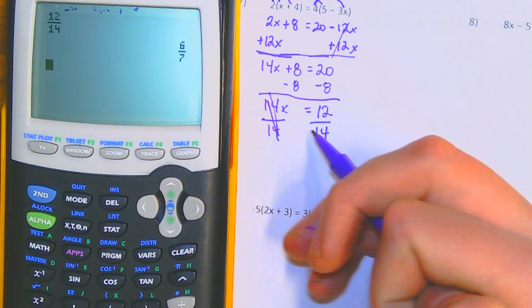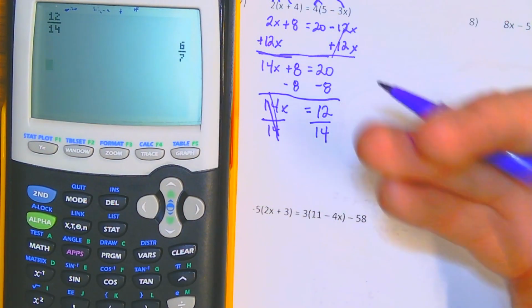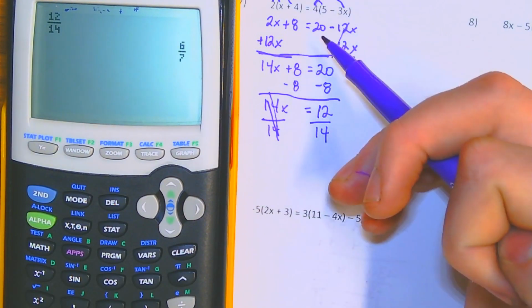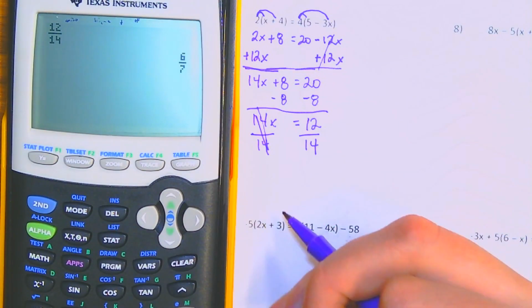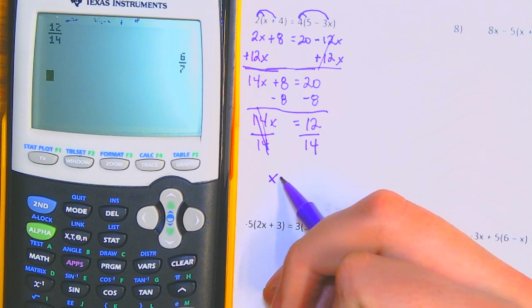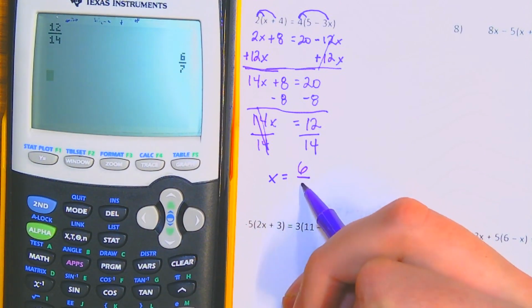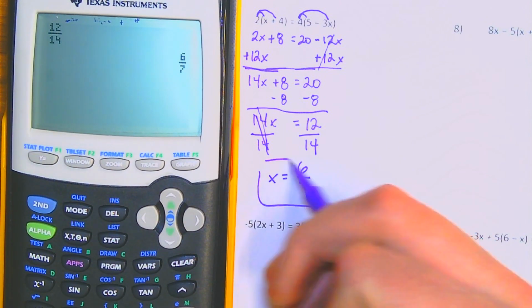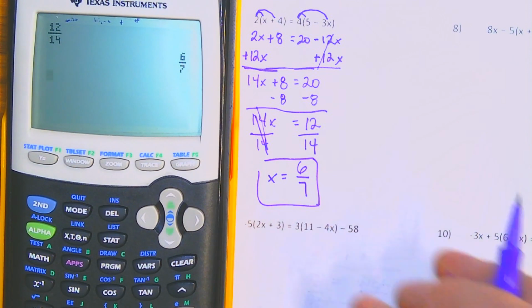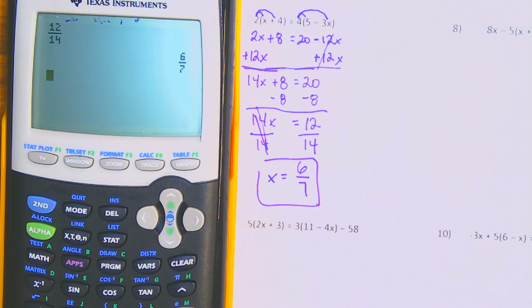So instead of writing x equals 12 over 14 or a decimal, since there are no decimals in this problem, we write x equals 6 over 7 as our answer. Always make sure to reduce your fractions.